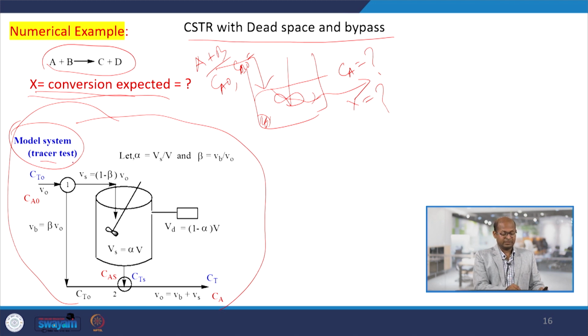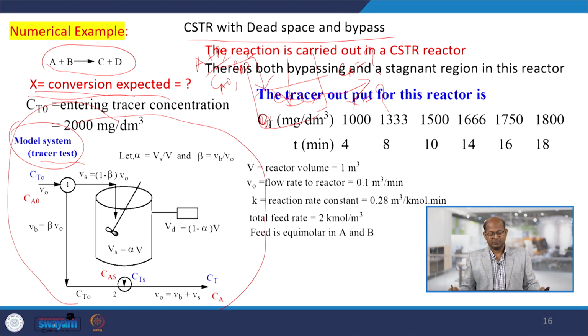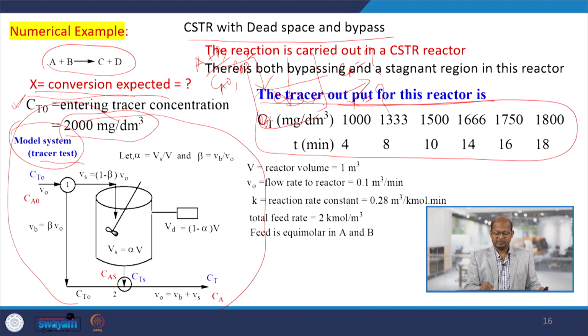So, this tracer test, by considering these models, we have already discussed the model equations we have developed. Okay. And for this particular reaction, the initial tracer concentration is given as 2000 milligram per dm cubed, and the tracer test was conducted for this particular system. Here Ct and t mean tracer concentration, that is Ct in milligram per dm cubed, and the times.